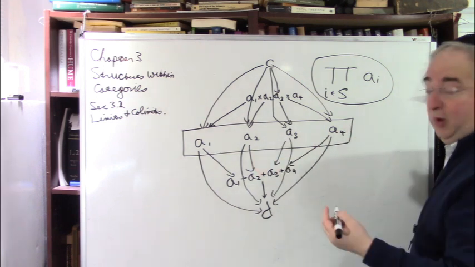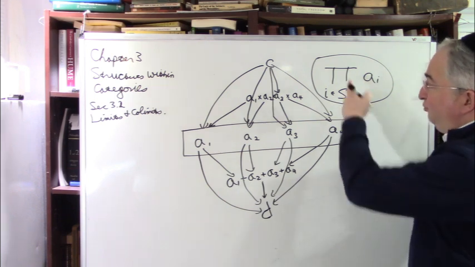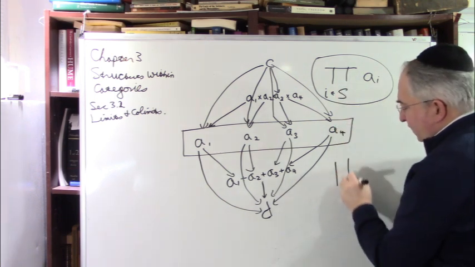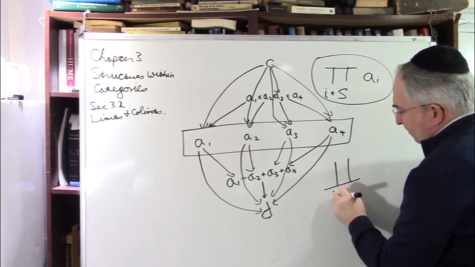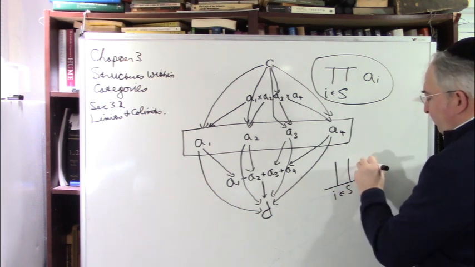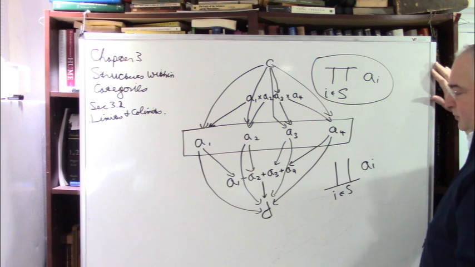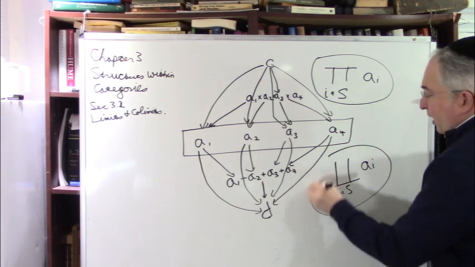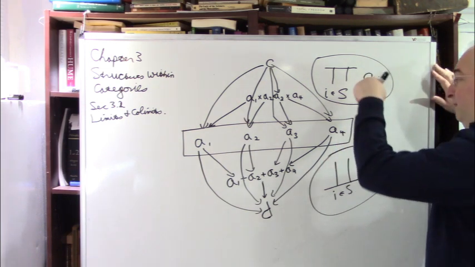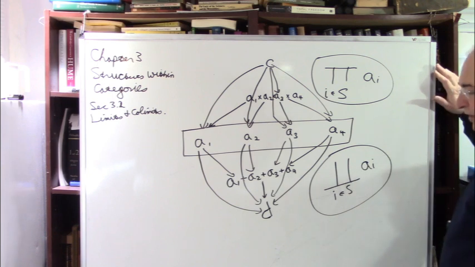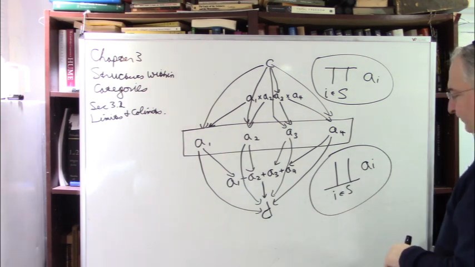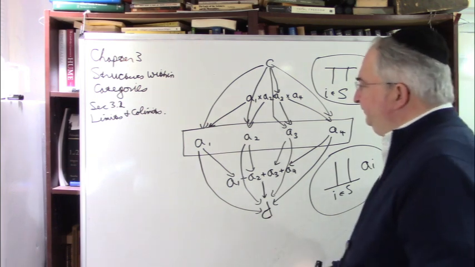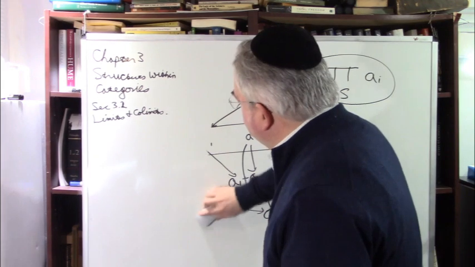Coproduct is part of duality, so we turn the product upside down, and it's to make you think also of disjoint union. So you have I a member of S, and you have A_i. Turn the product over. This is the product of many elements, and this is the coproduct of many elements, and we'll see how these map.